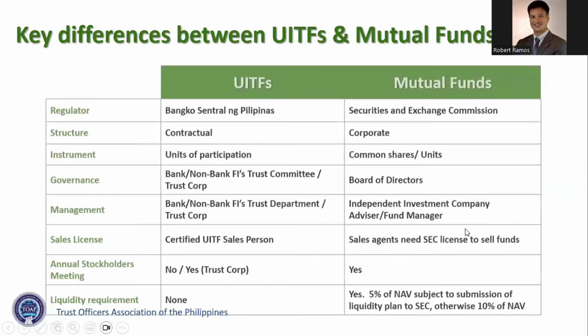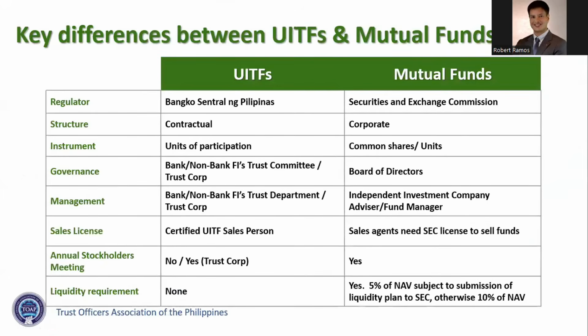What are the major differences between UITFs and mutual funds? So the regulator of the UITF is the BSP. It's regulated by the Bangko Sentral ng Pilipinas. For mutual funds, these are regulated by the Securities and Exchange Commission. The structure is a contractual structure for UITF since you are buying and selling units.